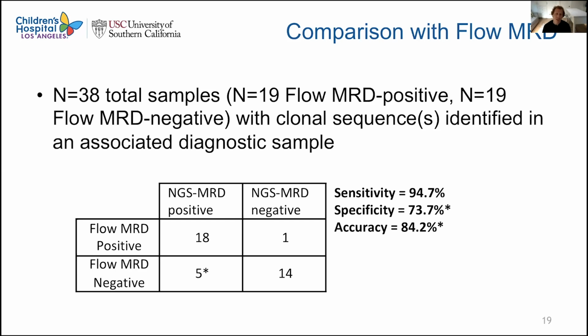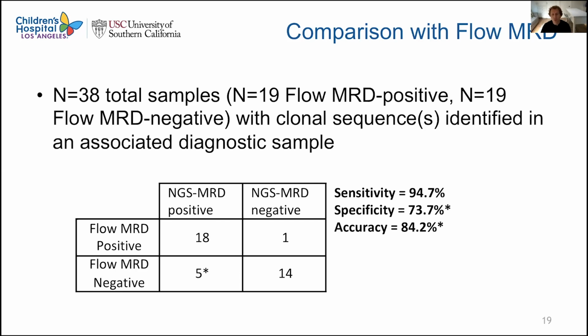We found that the test was highly sensitive, with a sensitivity of 94.7%. We had one discordant specimen that was positive by flow and negative by the NGS MRD assay. Perhaps that is due to minimal residual disease from a clone that lacked a rearrangement. I'm not quite sure, but it does point to the potential importance of multimodality testing.